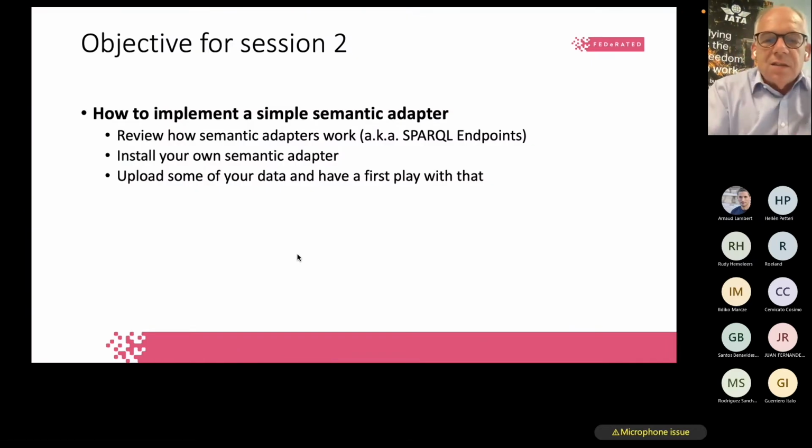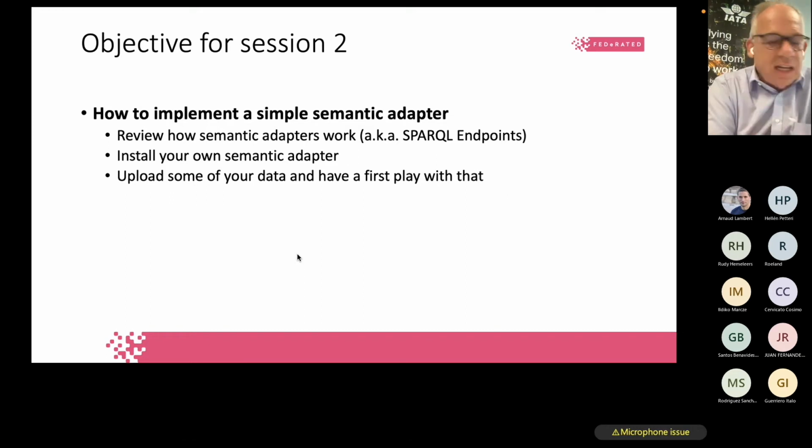And so the objectives. The first thing I want to do, actually, there's a pre-bullet, which is just look a little bit again at what we did last time, a little bit of repeat, just to refresh our memories. Then I'll talk about how these adapters actually work. We call them Sparkql endpoints, and I'll explain what that is.